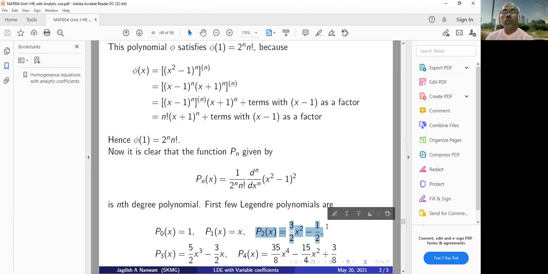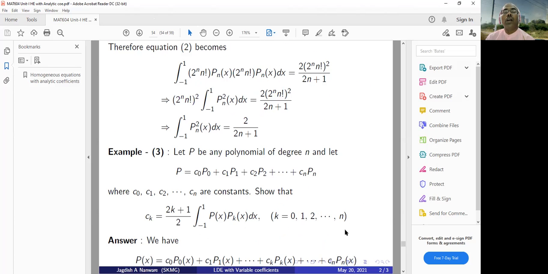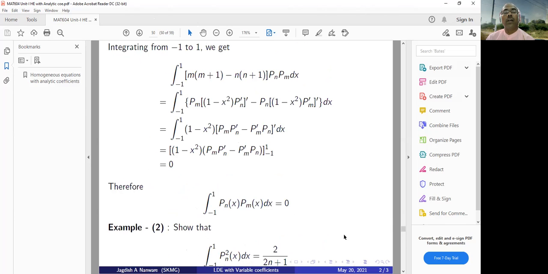Whenever n is equal to 2, we have the polynomial 3 by 2 x square minus half, right? And here you have to make from this result, what we have to do here? Yes, one can consider this. So just we put the polynomial 3 by 2 x square minus half, make it square. So that will be a quadratic expression.